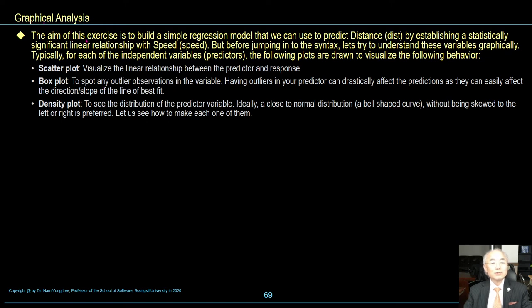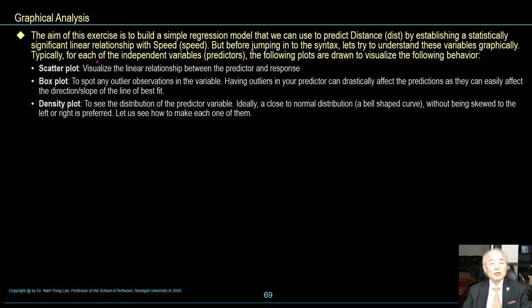The aim of this exercise is to build a simple regression model that we can use to predict distance by establishing a statistically significant linear relationship with the speed. But before jumping into the syntax, let's try to understand these variables graphically.